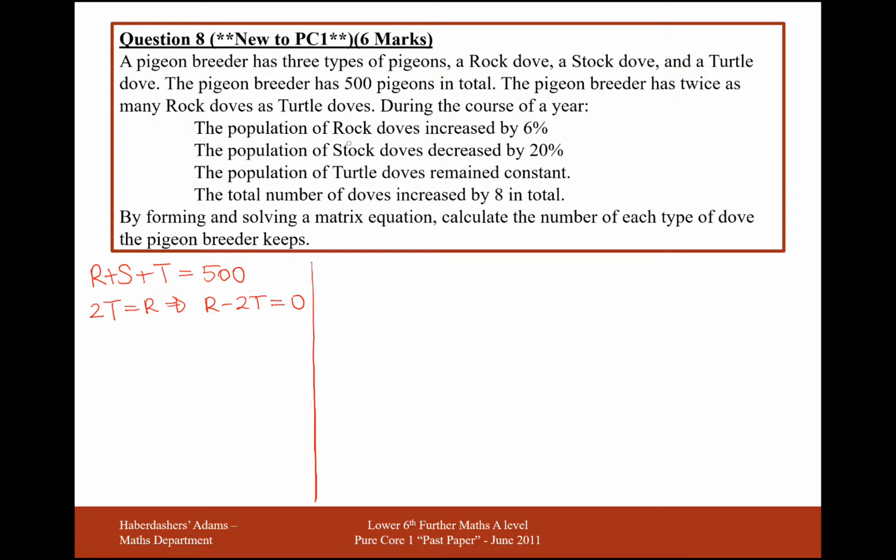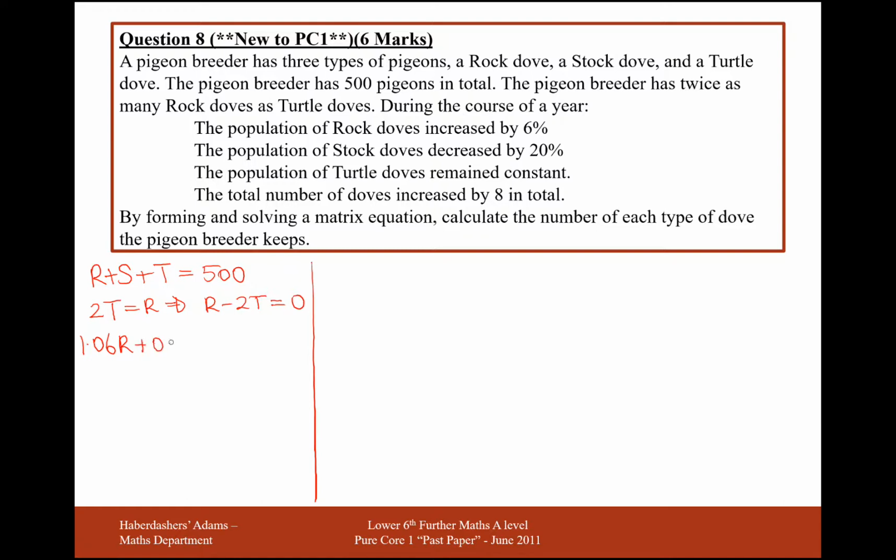And the next one, we need to use the percentages here. The percentage of rock doves increases by 6%. Now our 6% increase represents 1.06 times r. The stock doves decrease by 20%, so we still have 80% of those stock doves.